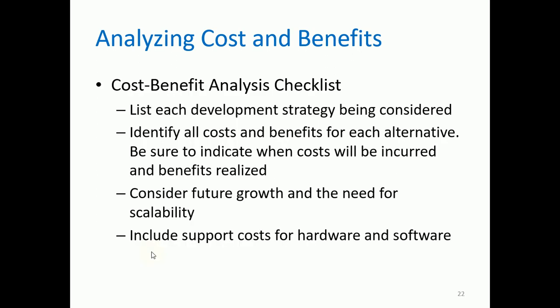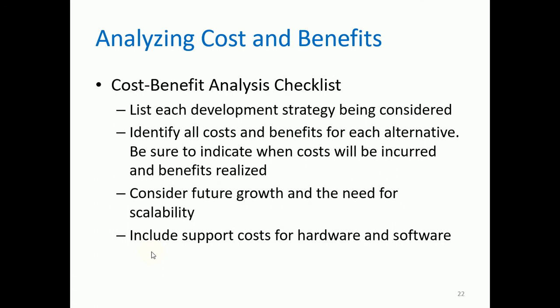So we should have a cost-benefit analysis checklist. First is list each development strategy being considered. Next is identify all costs and benefits for each alternative. Be sure to indicate when costs will be incurred and benefits realized. Next is consider future growth and the need for scalability.